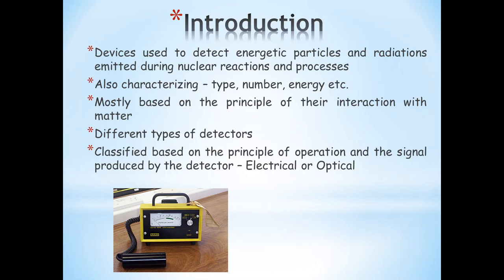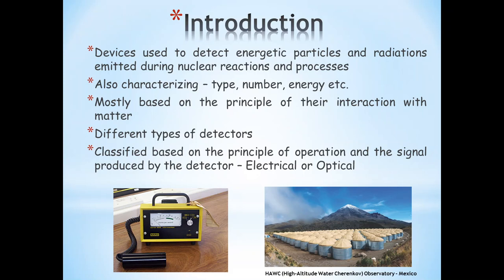Detectors can be of different types, as I told you. The one that we see here is a GM counter. It can be as small as this, a tabletop detector, or it can be as huge as this. In Mexico, this is the High Altitude Water Cherenkov Observatory. These are huge tanks containing water, and gamma rays coming from the outer cosmos, as a part of the cosmic rays, can be detected inside these detectors.